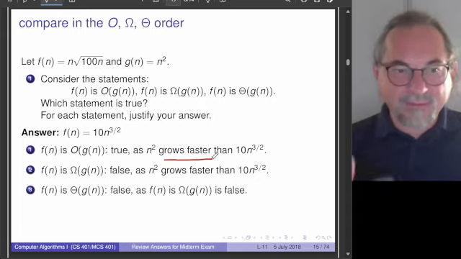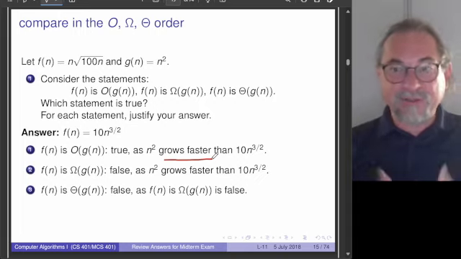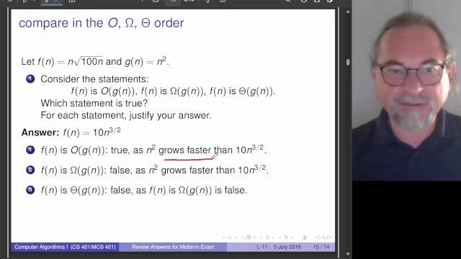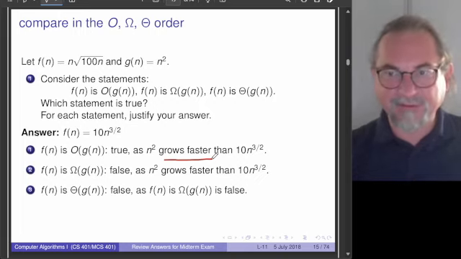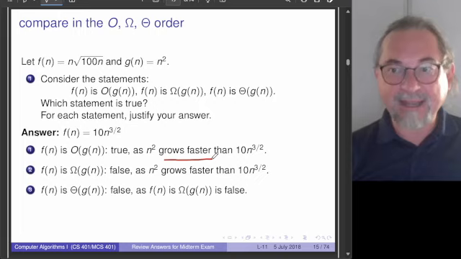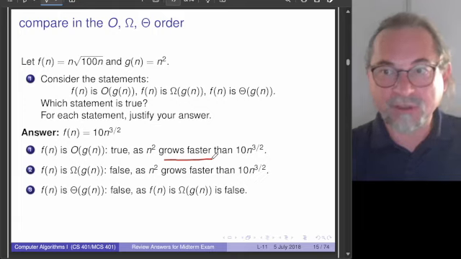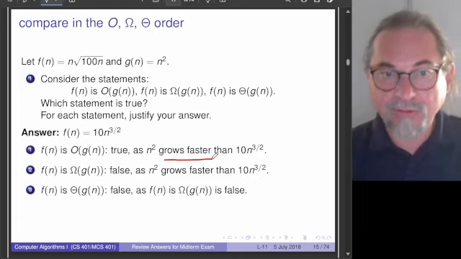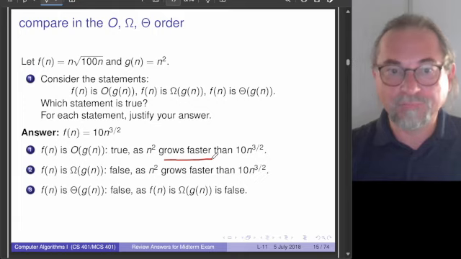I'm going to go even faster for the third question, which is kind of a misrepresentation in the sense that big theta means that you have an upper bound and a lower bound. So to answer the third question, you have to do most of the work.